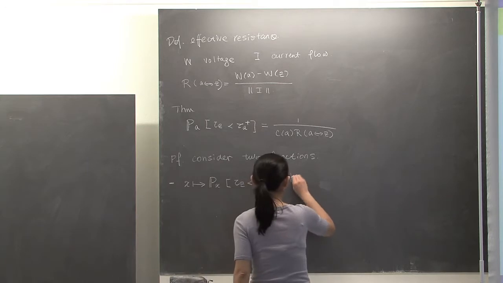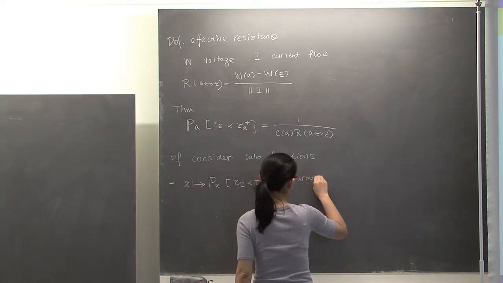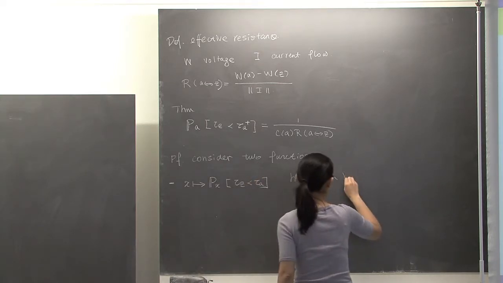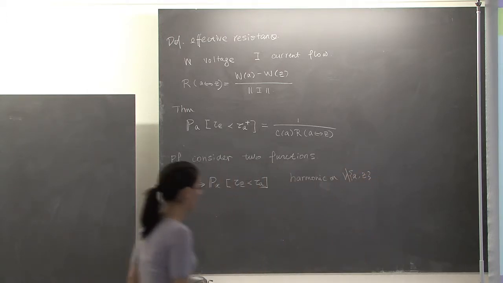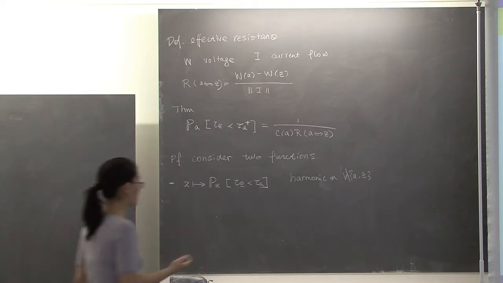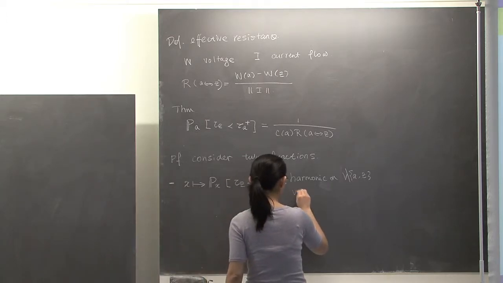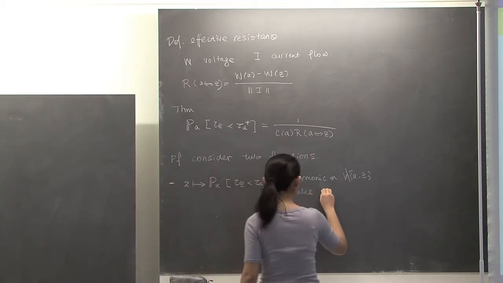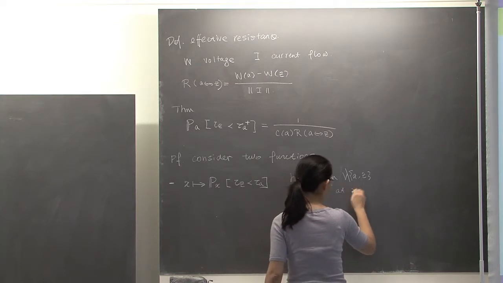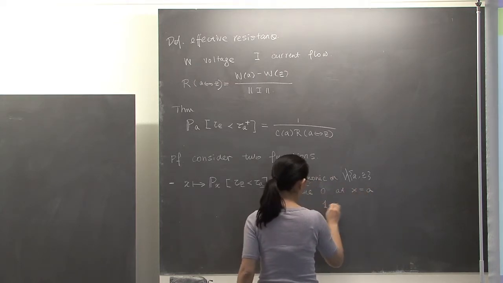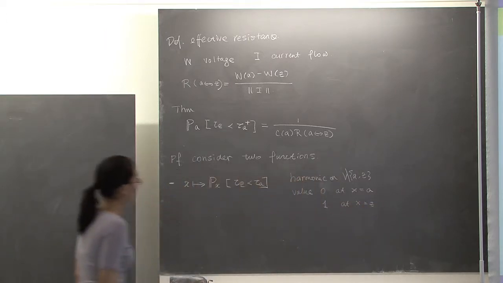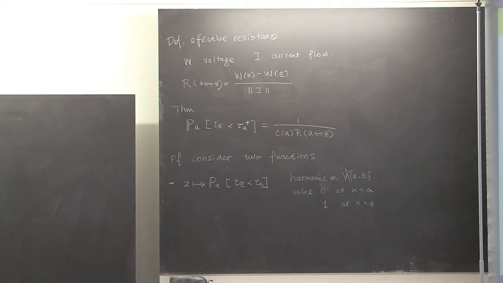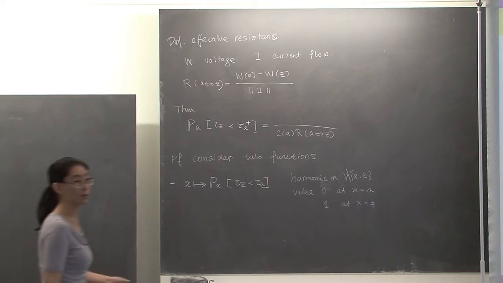This function is harmonic except at a and z. And we know that it has value 0 at a, and value 1 at z. So this is a harmonic function, and we also know its two boundary values.